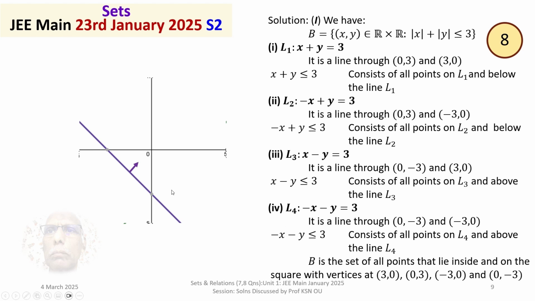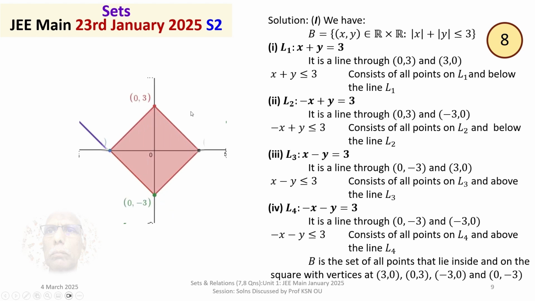How do you get this? This is by taking the intersection of all those 4 regions. So this is the set of all points that lie inside and on the square, on because equalities are there, inequalities are there. So it's the square with vertices at 3, 0, 0, 3, minus 3, 0, and 0, minus 3.